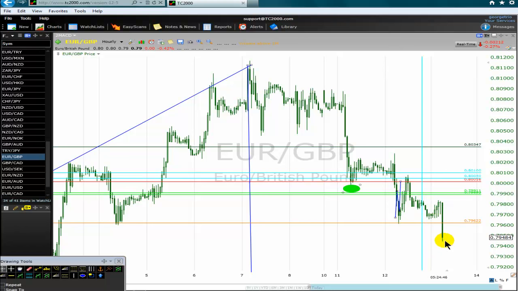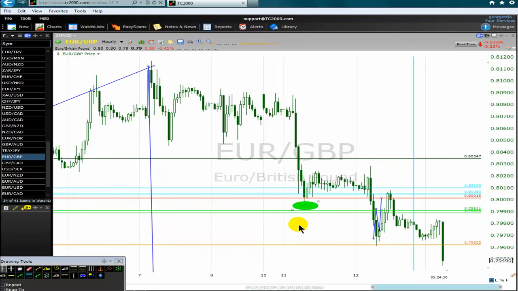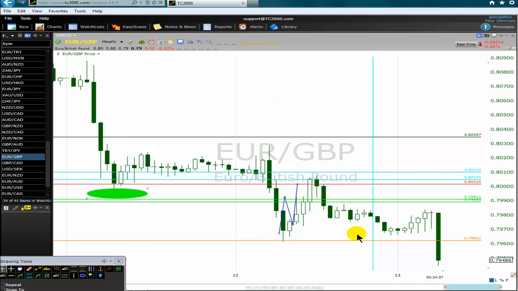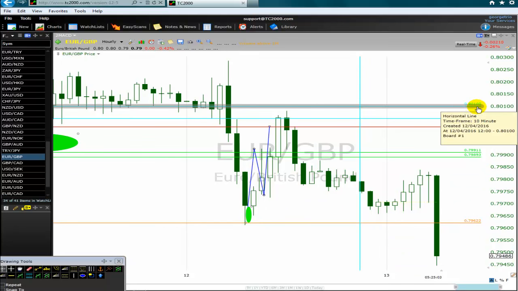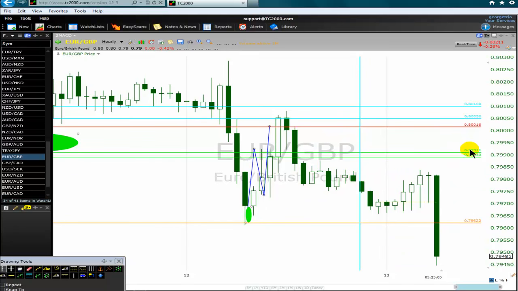It's now down. Successful trade, as you can see. We enter at the first trade right here at 7989. Stop loss at 8010. Second trade at 7991, and stop loss at 8005.